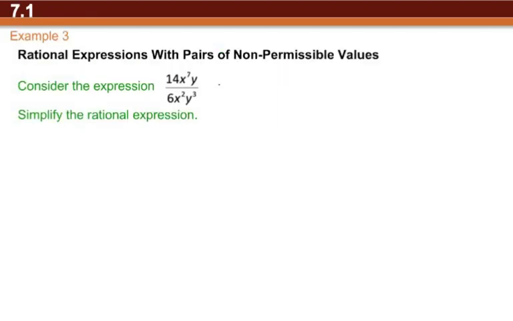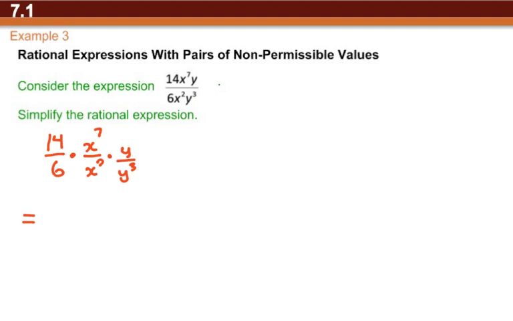Flipping to example 3, this is more like the one I showed you at the beginning of this video. There is no factoring because we only have one term on the top and on the bottom. So the easiest way to deal with this is to actually split the fraction apart. You can split the coefficients, the x's, and the y's, which just gives us a visual separation of how we can simplify this. 14/6. Those are just straight coefficients.